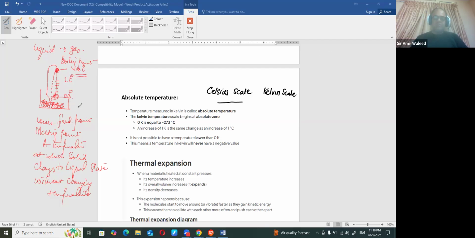Now the next is Kelvin. That is the second scale, and the Kelvin scale is also called absolute temperature. Now, what exactly is the situation? The important part is what we have seen, hypothetically.